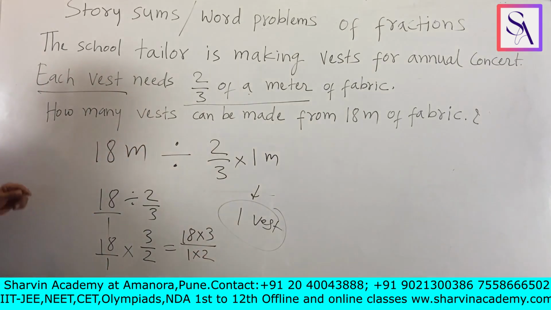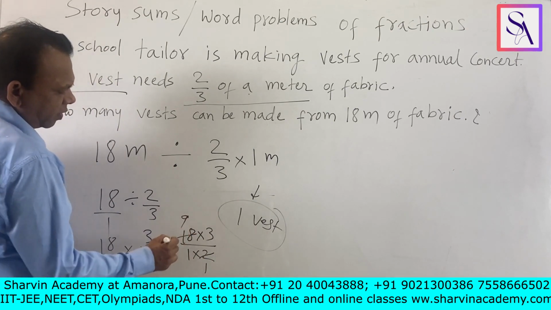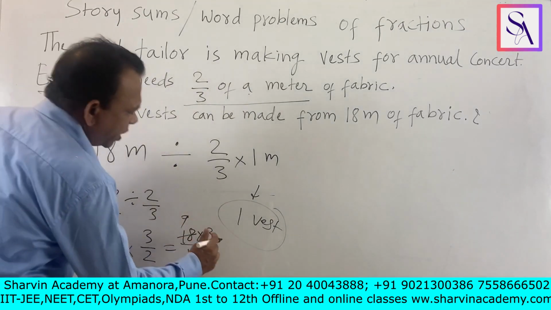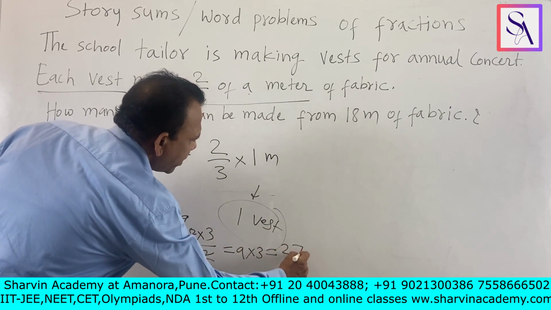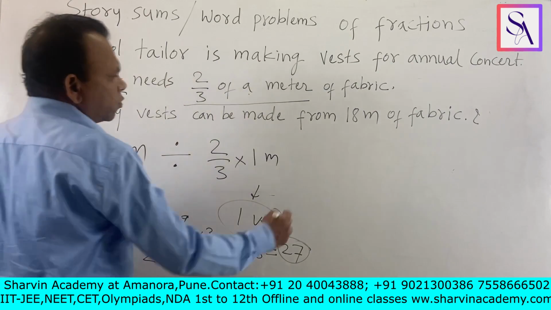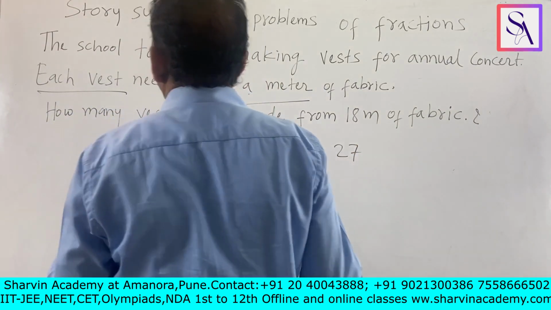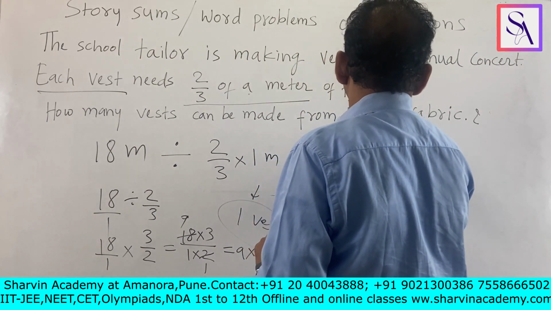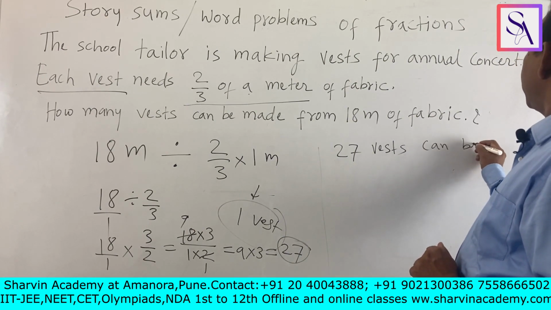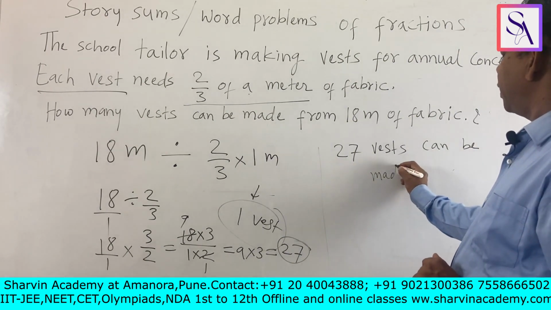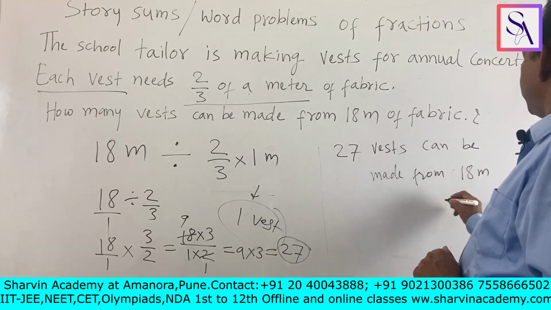If you can reduce any number, you can do it. 2 1s are 2, 2 9s are 18. So 9 into 3 is the answer. 9 into 3 is 27. So 27 vests can be made from 18 meter fabric.